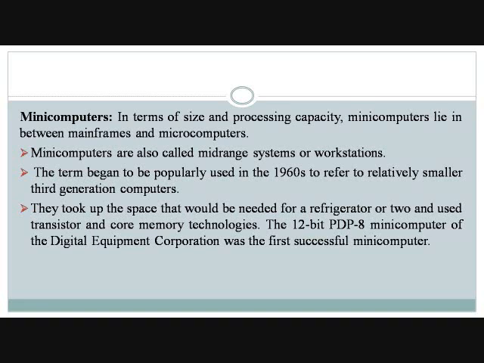They took up the space that would be needed for a refrigerator or two and used transistor and core memory technologies. The 12-bit PDP-8 mini computer of the Digital Equipment Corporation was the first successful mini computer.